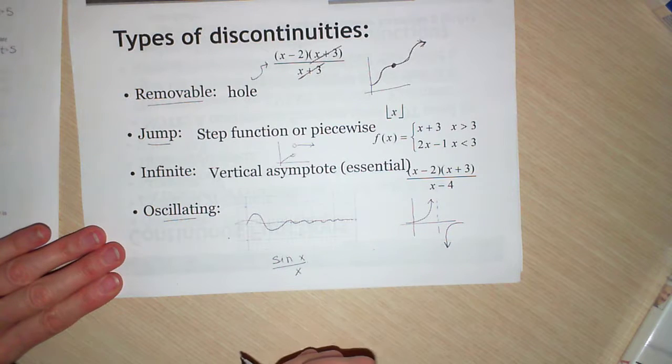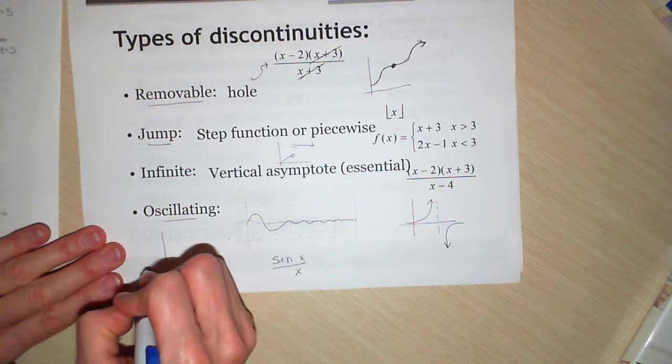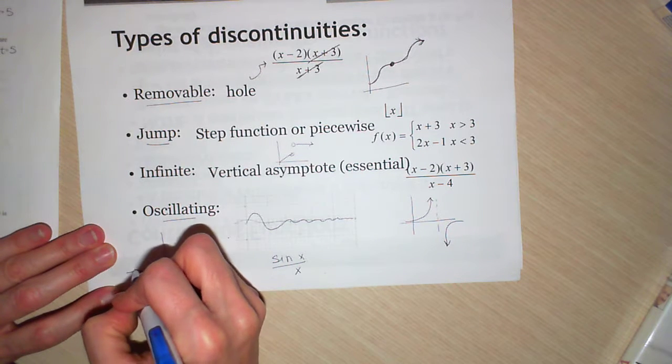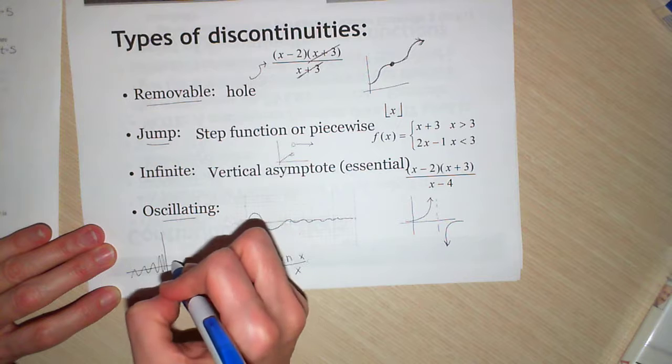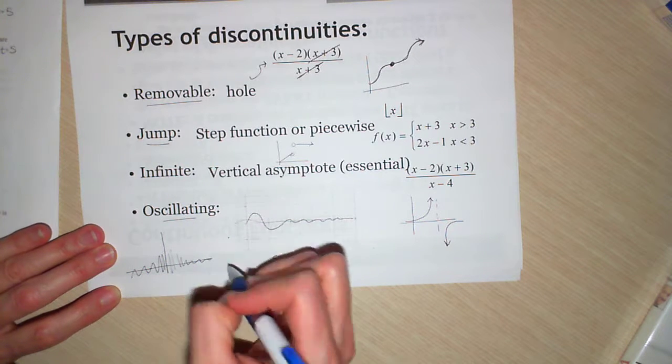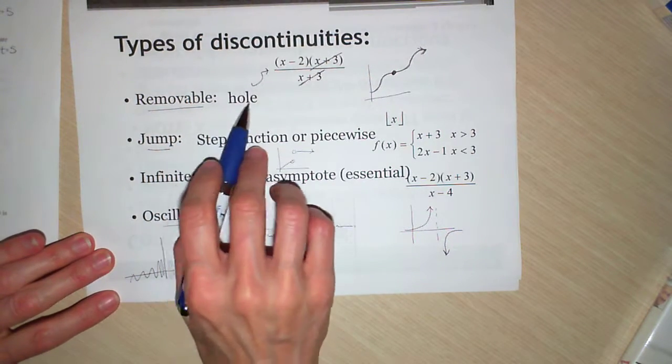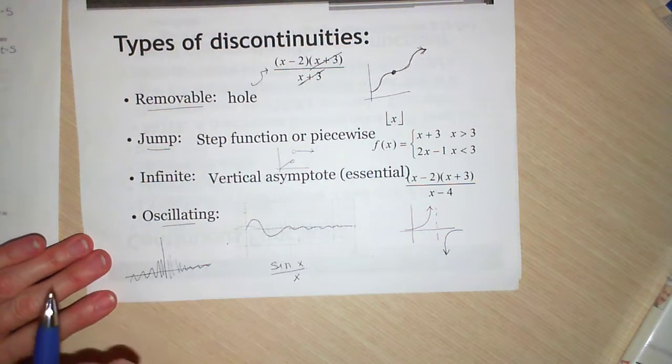It starts oscillating right around that 0 there. And we looked at some other ones that did something like this, right? They oscillated here, and then they got smaller as you went out. So oscillating are also not removable. So the only removable type of discontinuity is a hole.